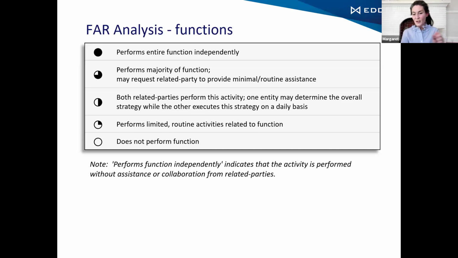I've seen check marks being used. So I think the type of pie or check mark or X that you use doesn't really matter, as long as you have a good definition for what it means.